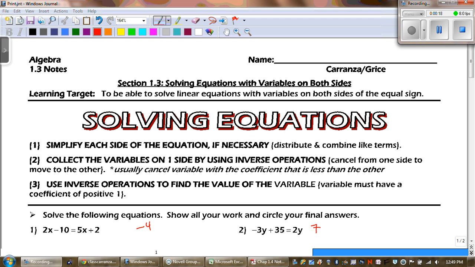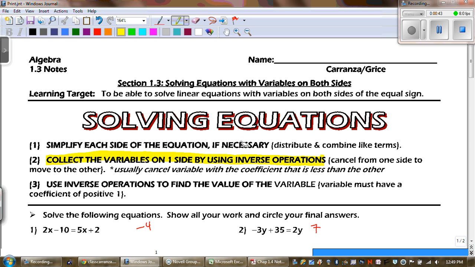Now, when we are solving equations, the first thing that we need to do is simplify each side of the equation if necessary. So that means distribute or combine like terms, right? It just depends on the problem. Step number 2 says to collect the variables on one side by using inverse operations.